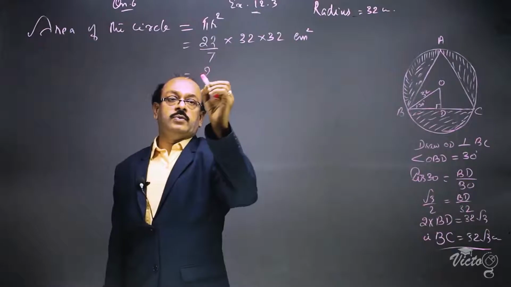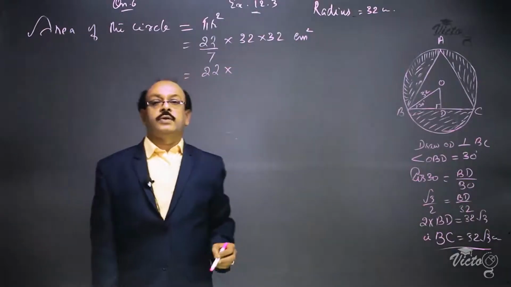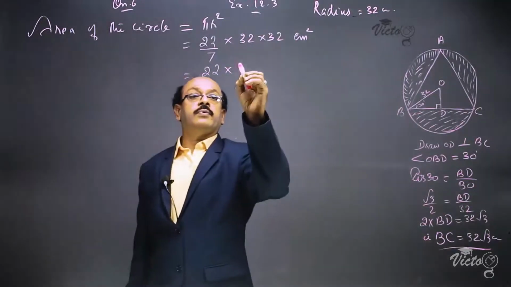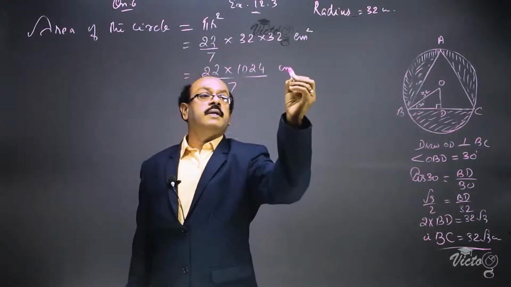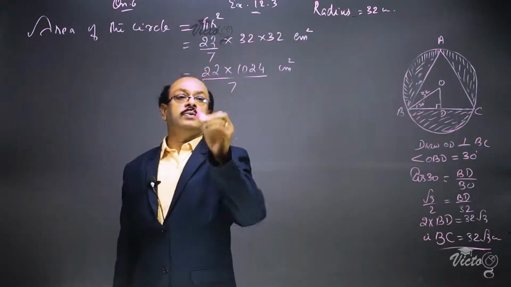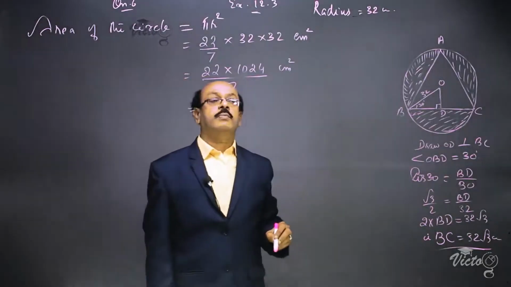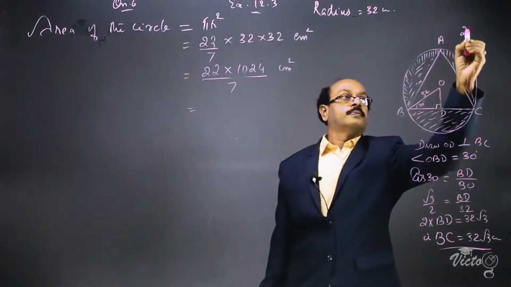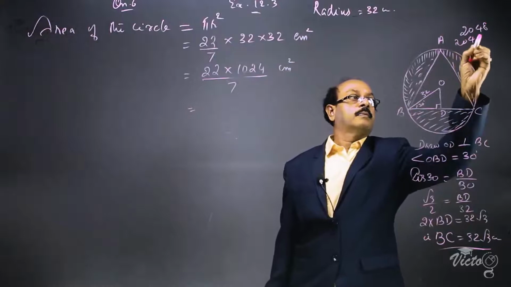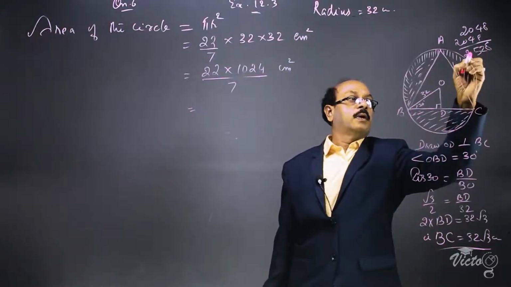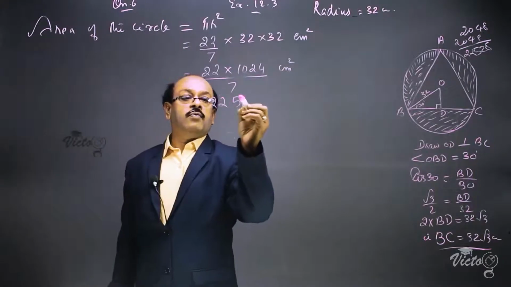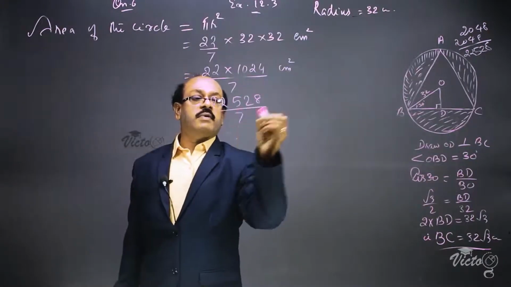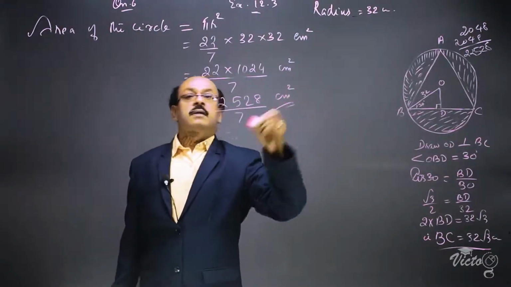This is equal to 22 into 32 into 32, which is 1024, divided by 7 centimeter square. Multiplying 1024 by 22 gives 22,528. So 22,528 by 7 centimeter square is the area of the circle.